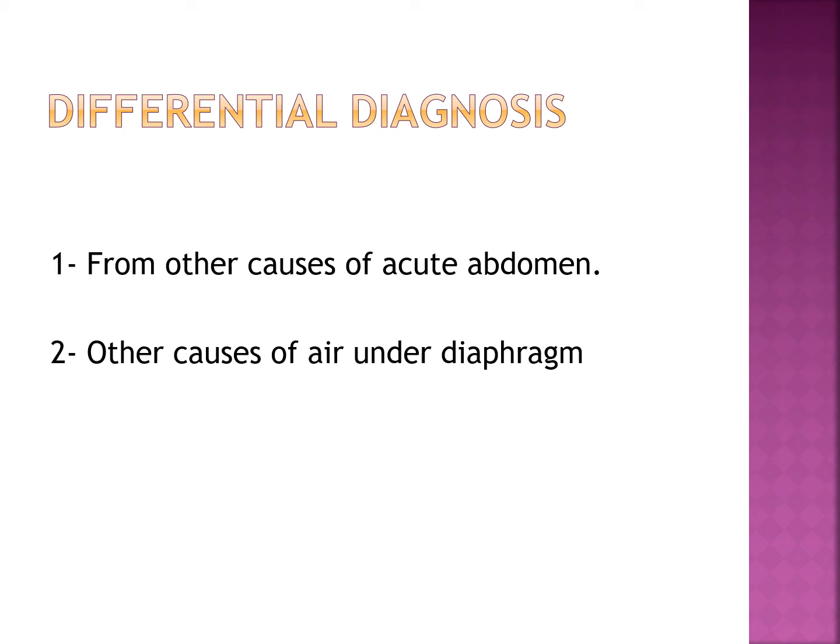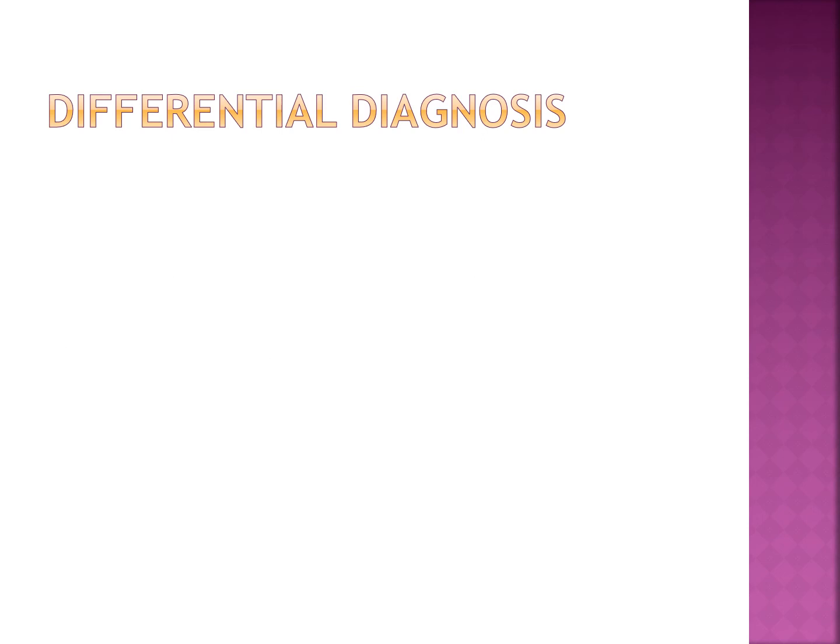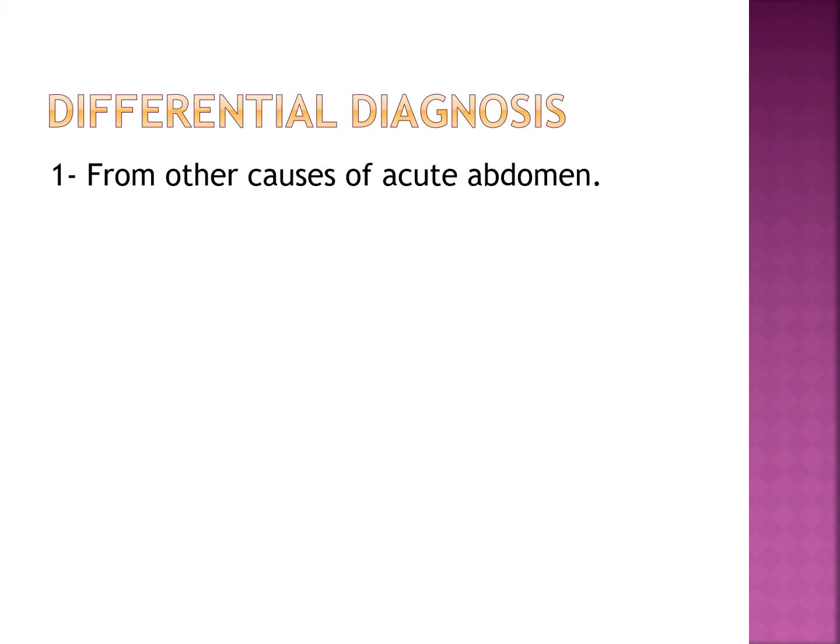Of course, if the patient is coming with acute abdomen with air under diaphragm, this equals the presence of a perforated viscus, which is usually a perforated duodenal ulcer, although there are other abdominal organs that can perforate and present with air under diaphragm, as we will mention in the next slides. The first thing we should differentiate is from other causes of acute abdomen.